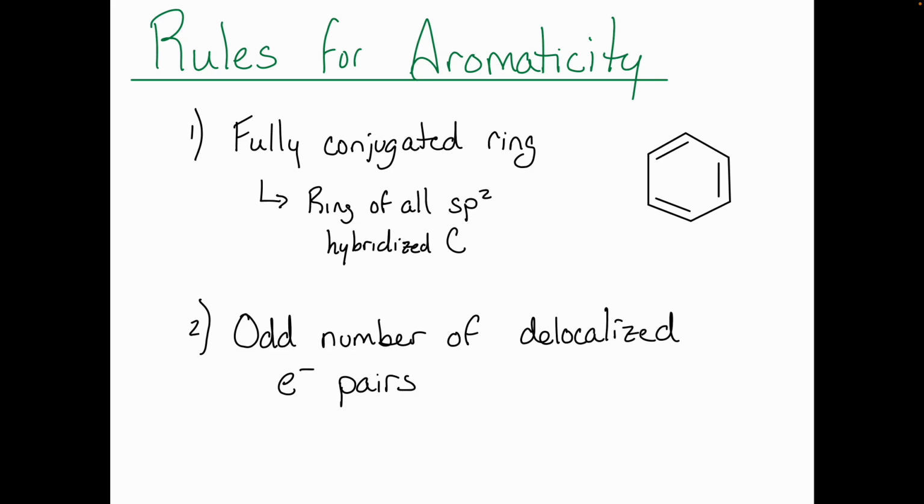It will make more sense when we start looking at MO diagrams. I mean, it's still kind of bizarre, but yes, you need a specific number of electron pairs that are going to be spinning around and around and around that ring, and it's got to be an odd number, okay?